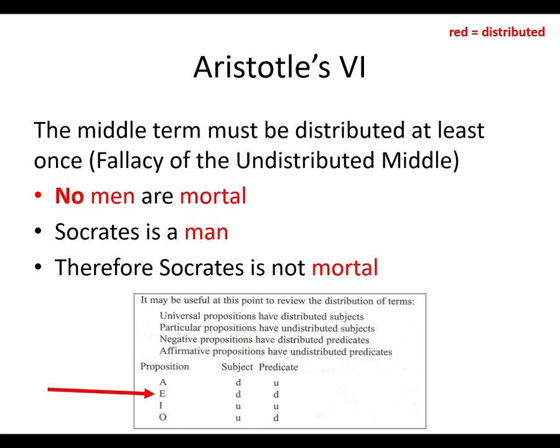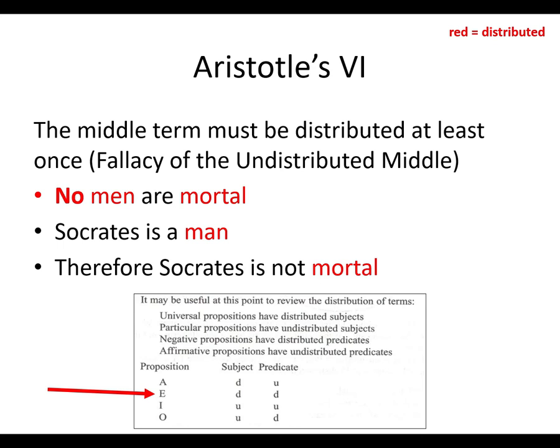If I say no men are mortal, then I am making a claim that I know something about all men, so my subject term men is distributed again in my major premise. And in this proposition case, I'm claiming to know something about all mortal things, specifically that none of them are men.